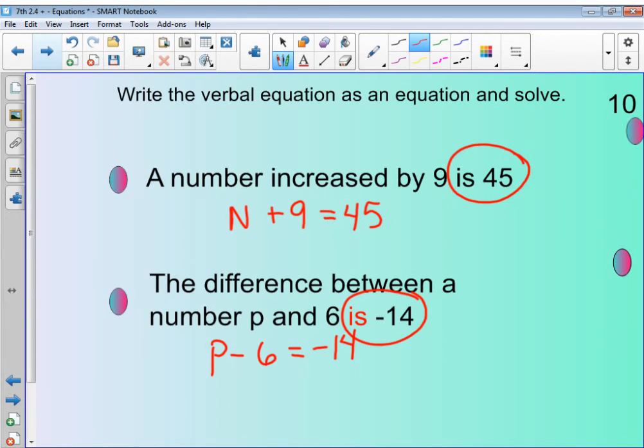So P minus 6, is means equals negative 14. Then you'll go through and work your way through to solve. So on the first one, you should have ended up with 36. And on the second one, you should have ended up with P equals negative 8.